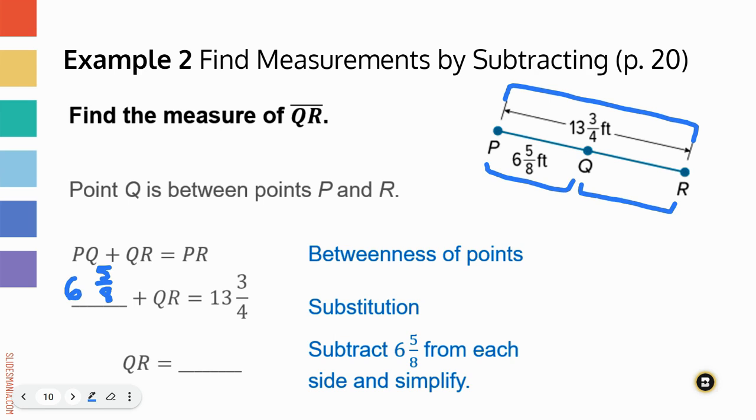This is just solving an equation. If I want to get QR by itself, I'm going to subtract 6 5/8 from both sides. So minus 6 5/8. And then these would cancel out. And 13 3/4 minus 6 5/8. I am doing that on my calculator.